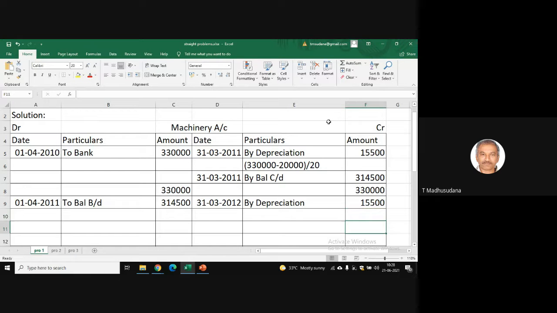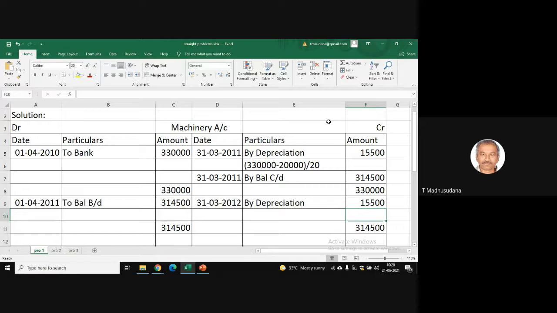Therefore, what is the balance? Here, total 3,14,500. To bring the same amount here, 3,14,500. What is the difference? 3,14,500 minus 15,500.